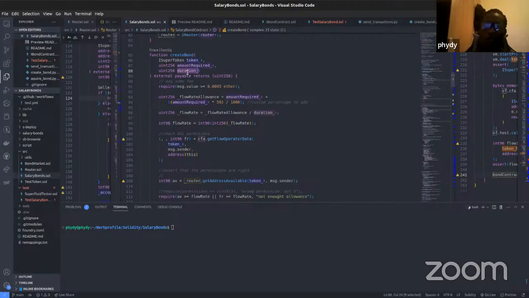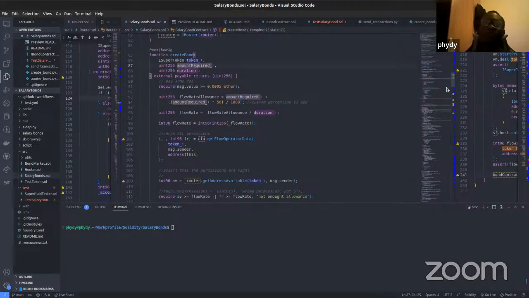If you're sending 100 USDC, you're given, let's say, a total stream of 100 USDC plus X percentage. As you can see, we have not yet put a custom percentage in the contract; it's still in the process of being finalized. So you get a stream that amounts to the amount you send plus a percentage determined by the person who created the bond.